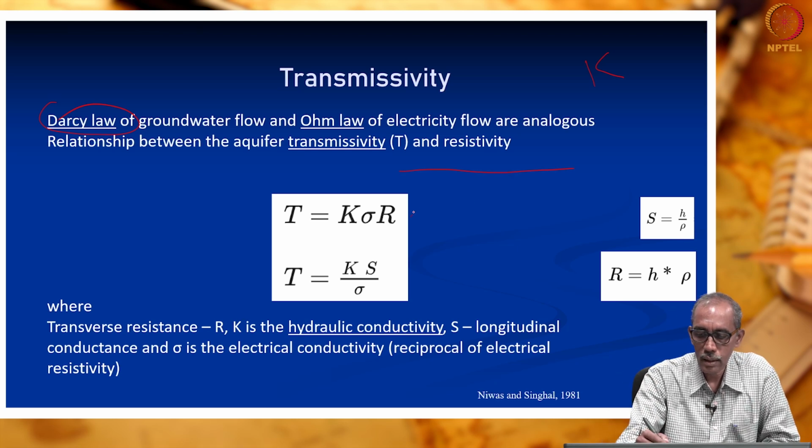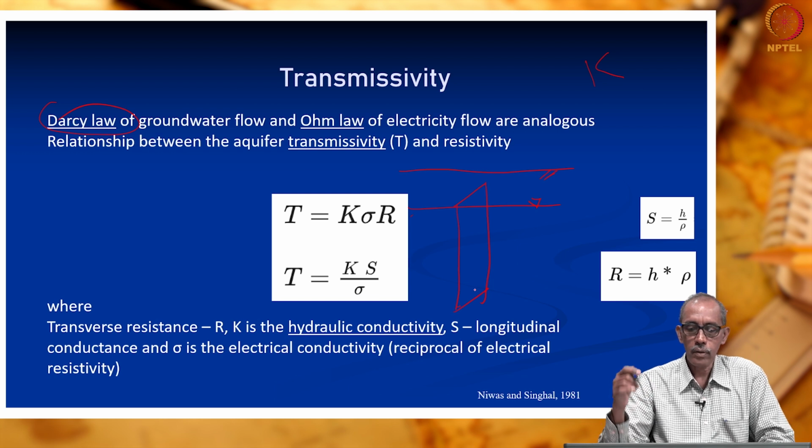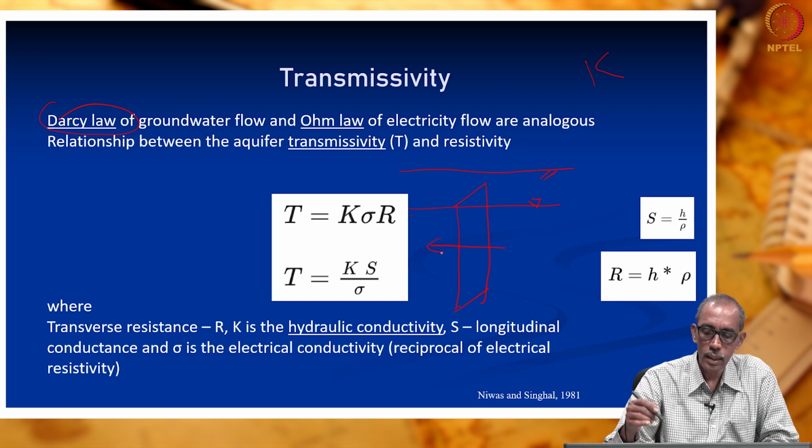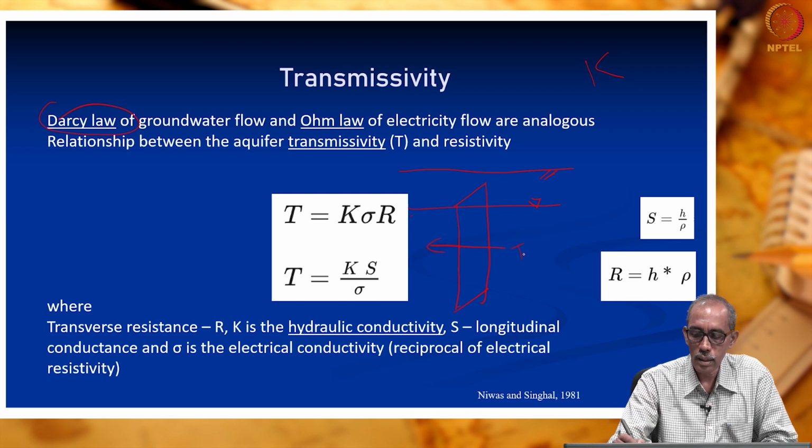Suppose you consider this as a formation, where this is the water table below the surface. For unit width of cross section of the aquifer, how much groundwater is getting transmitted, that is what is transmissivity.